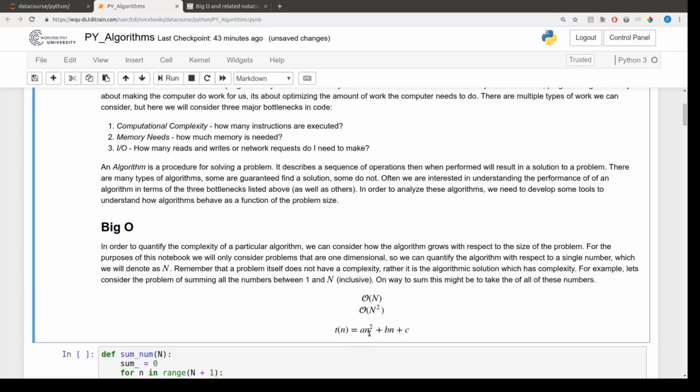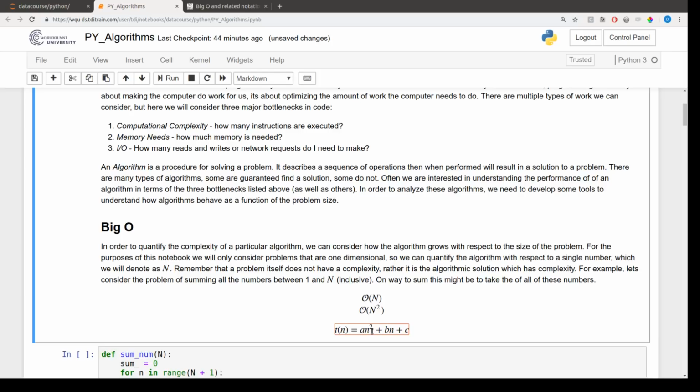As n becomes very large, n squared will be much larger than n, and eventually much larger than c. For very large values of n, n squared is bound to be bigger than b times n and c. It will eventually get bigger than these. So the only part of this equation we really care about in terms of how fast it grows is this n squared.